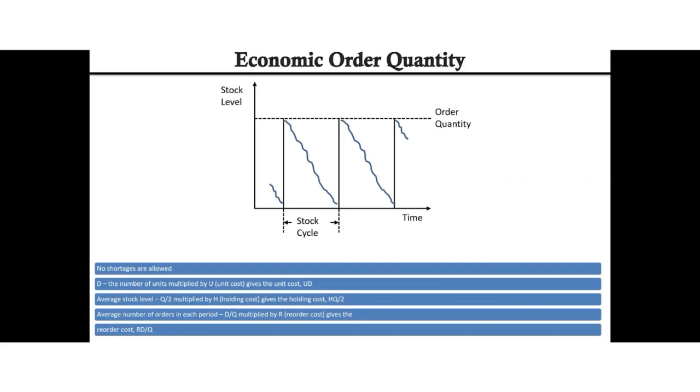The average stock level is Q divided by 2, so multiplying this by H gives the holding cost component HQ/2. The average number of orders in each period is D divided by Q, and multiplying this by R gives the reorder cost component RD/Q.